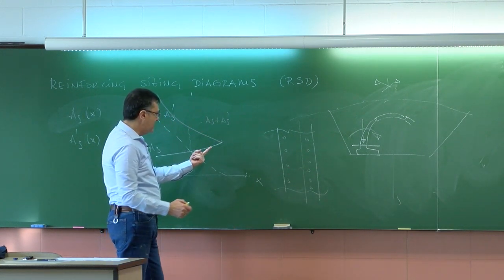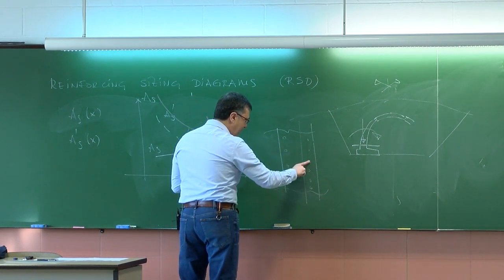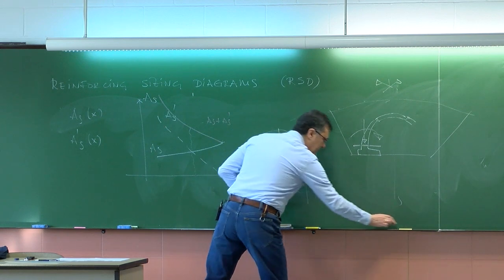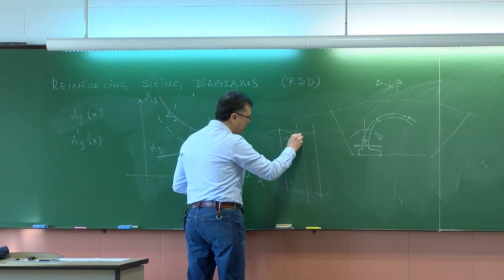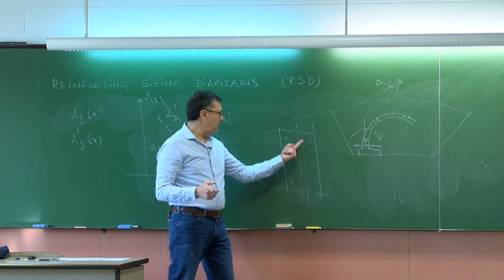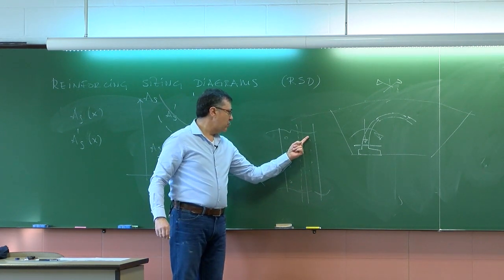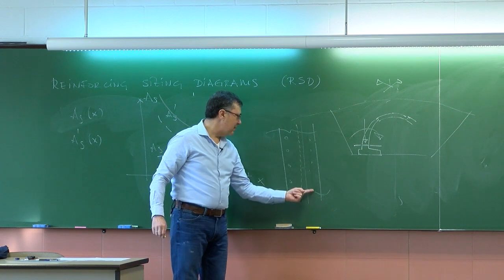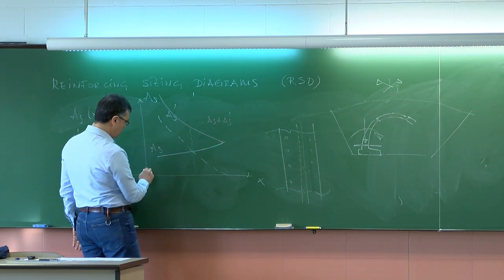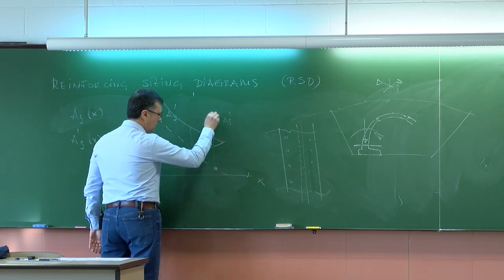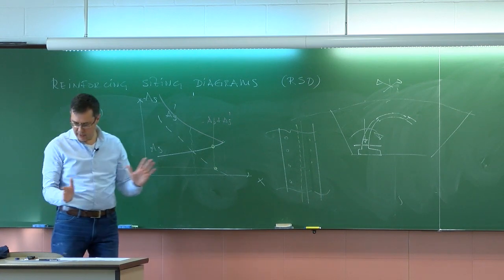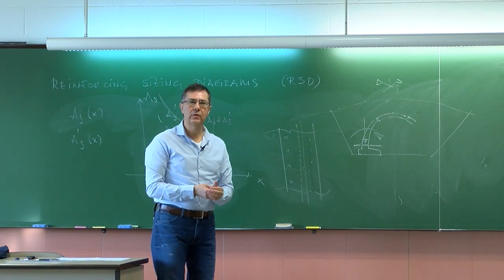If I just don't use AS prime, the only consequence is that x is going to be a little bit greater, a little bit deeper. But I don't need that. Maybe because of construction, I'm going to put here some minimum amount. Okay, perfect. If I put here some minimum amount, I can go for this, for example, in AS. Okay, that's the only thing I wanted to tell you. Thank you.